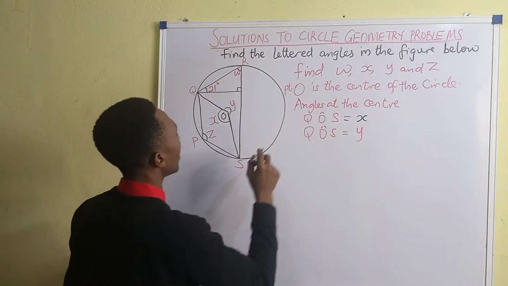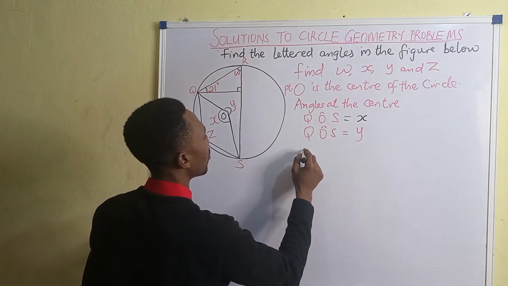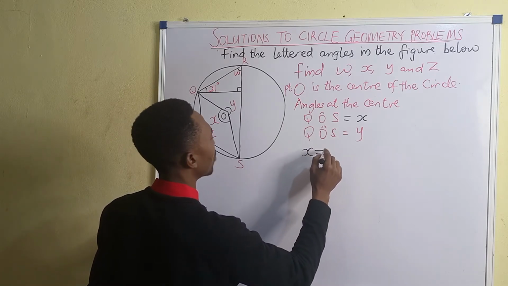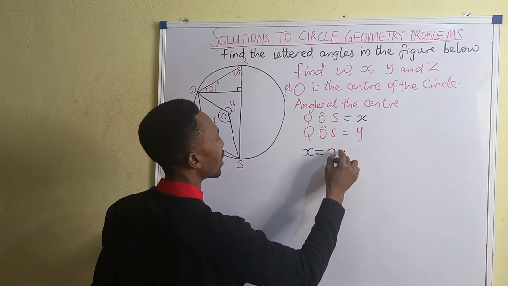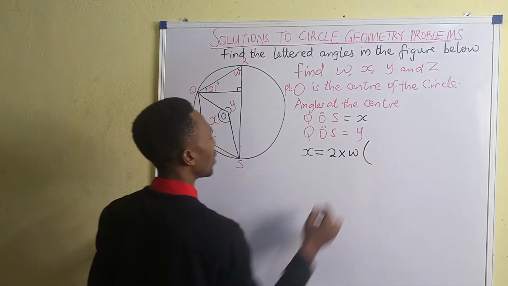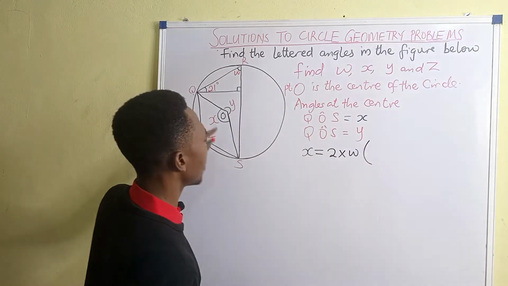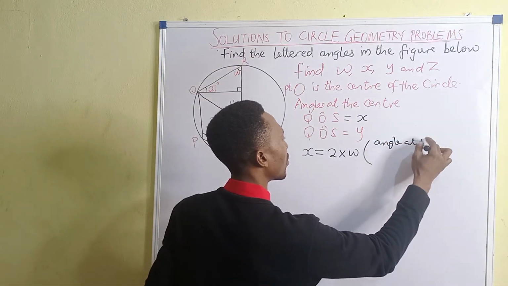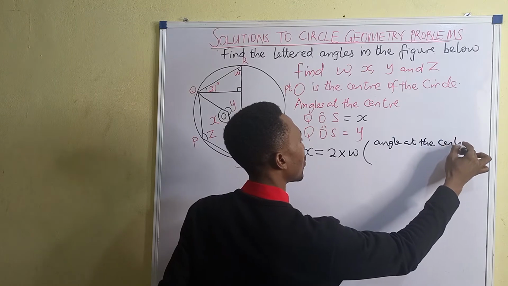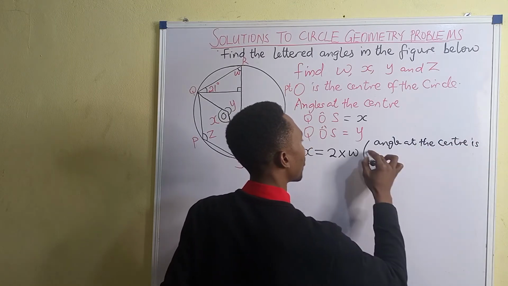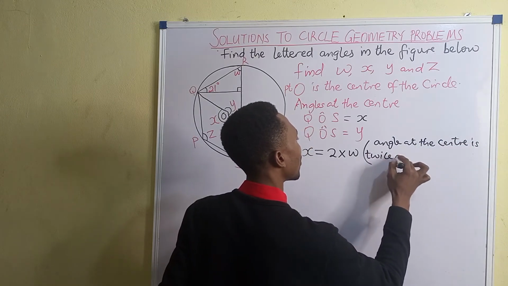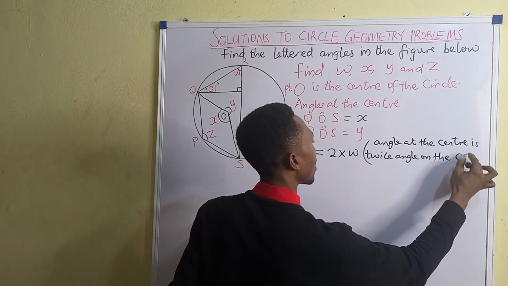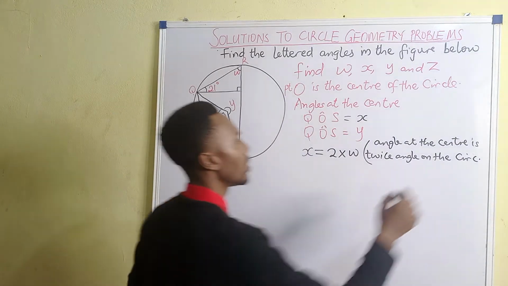So angle X is equal to 2 times W, and the reason is that angle at the center is twice angle on the circumference. Just leave it there.